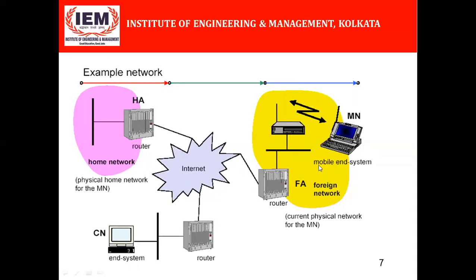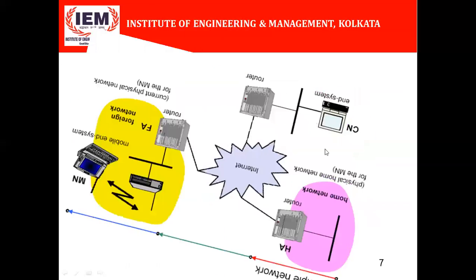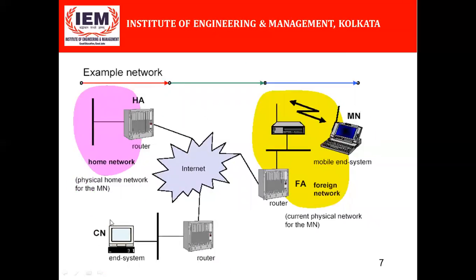Okay, so these are the other devices connected with our mobile nodes, and this is the correspondent node. Last one is the correspondent node, and this one is the router that is connected with this corresponding node, and everything is connected over this internet. This is the main concept behind this mobile IP.